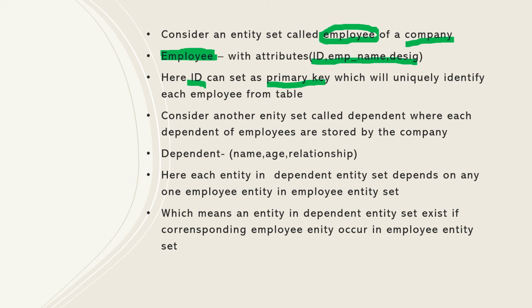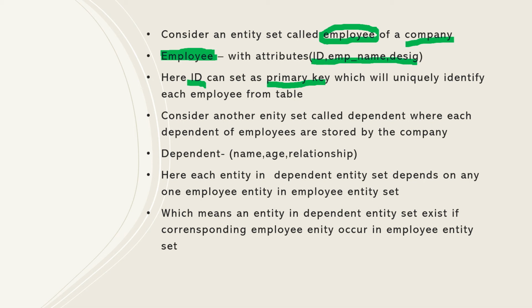Amar is a name. Suppose he is an employee of Infosys. All the information about Amar is stored in the employee table, including the name of Amar and the employee ID of Amar, which will be unique. Then the designation: he may be a project manager of Infosys.